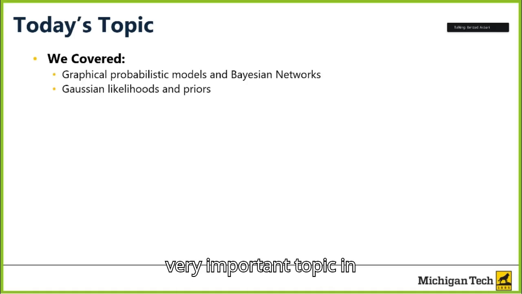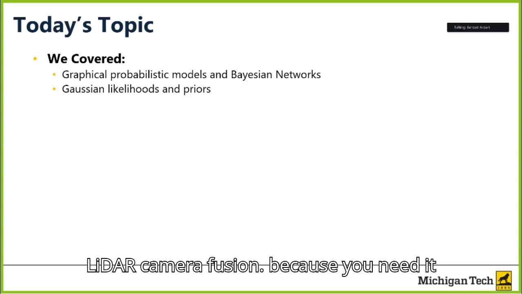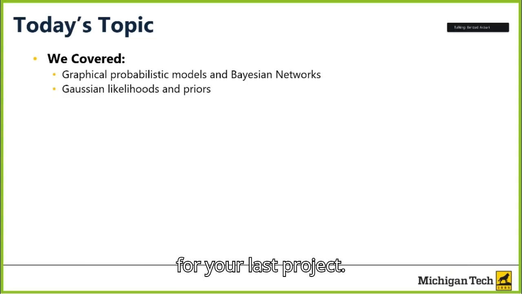That's a very important topic in robotic perception. But before we dive further into graphical models and talk about more advanced topics, we need to step back a little bit and review LiDAR camera fusion, because you need it for your last project.